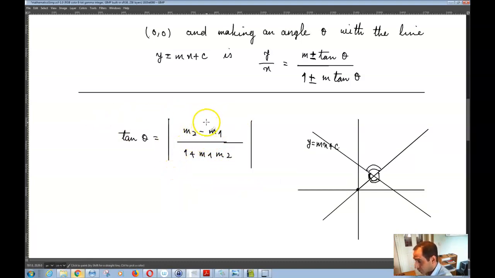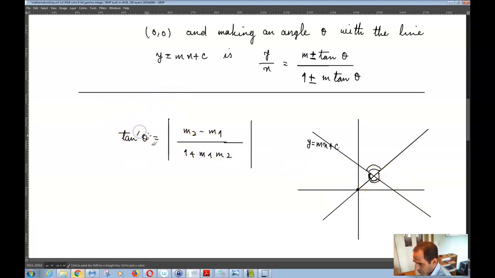Based on what we know so far, that's basically the only relationship that we know that can show us the slopes of two lines and the relationship of those two with the angle between two lines, and that angle is the acute angle.